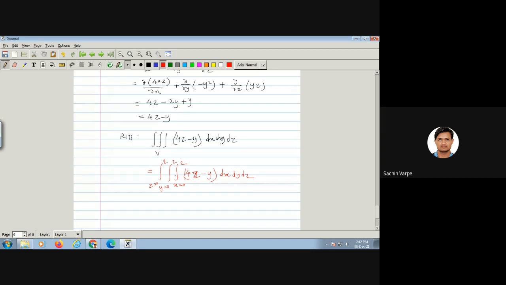Now all these limits are constant, so you can integrate with respect to any variable and you will get your answer. Is this clear to everyone?